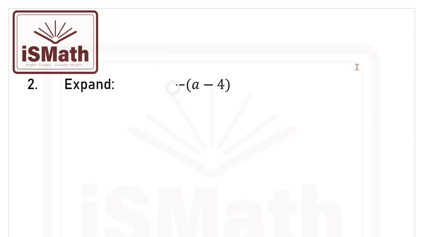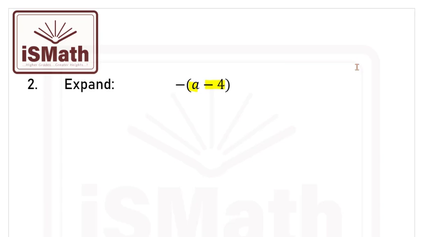The next question here says minus, open bracket, plus a minus 4, close bracket. So what I'm going to do here is to first of all recognize the number that is outside the bracket, and that number is minus 1. So that minus 1 would multiply each term inside the bracket, and there are 2 terms inside the bracket right now. The first term is plus a, and the second term is minus 4.